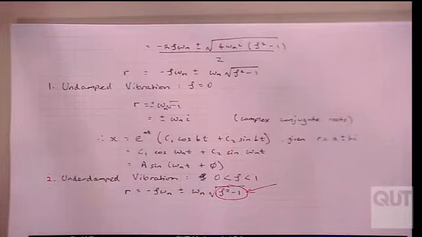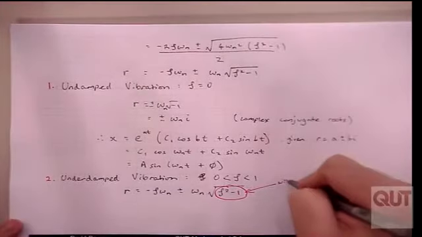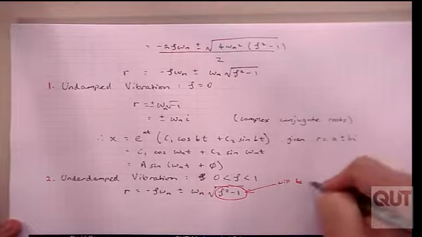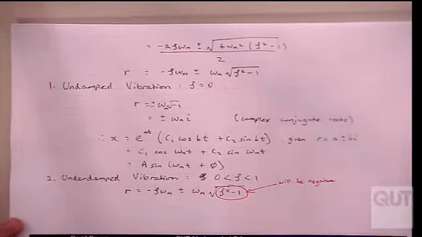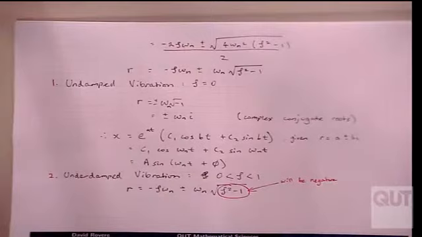Do I get a positive number or a negative number? Well, if zeta is between 0 and 1, I'm always going to get the square root of a negative number. So this tells me I'm going to get complex conjugate roots in the case of an underdamped problem.